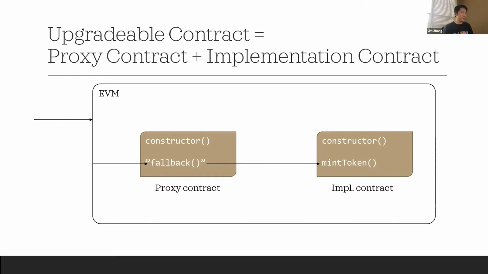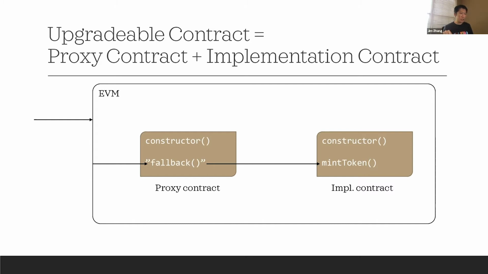So in this picture, we see that the request arrives at the EVM, let's say still mint token. The EVM looks at the proxy contract first and says, okay, I'm going to call the fallback since you don't have that implemented. And the proxy contract just needs to redirect that request and say, okay, you asked for mint token.